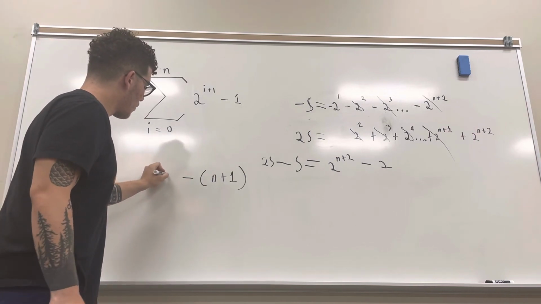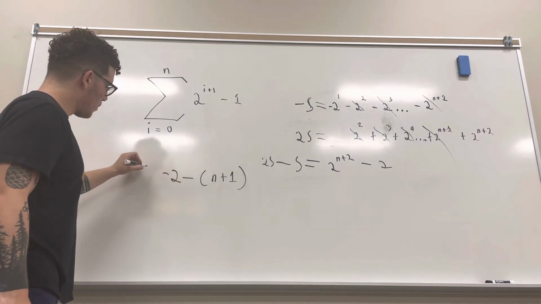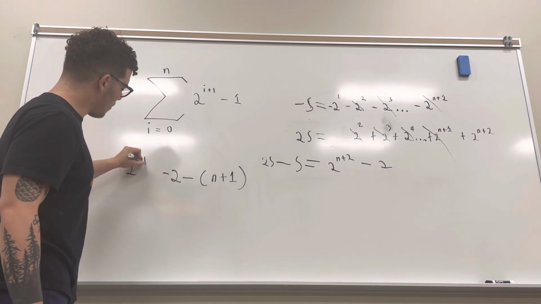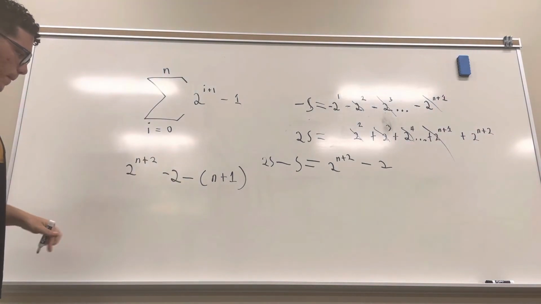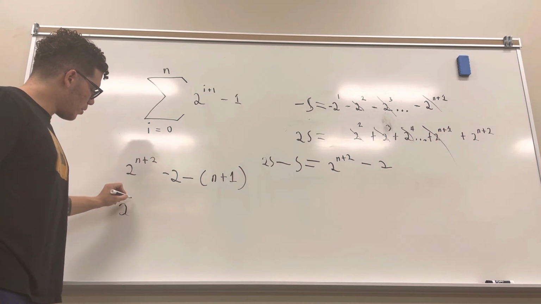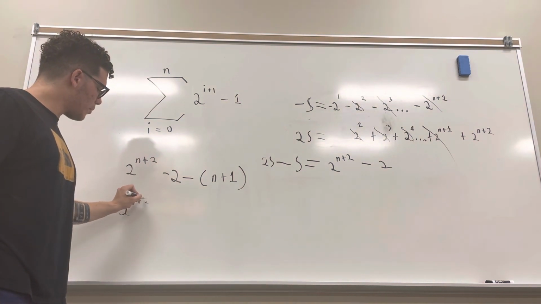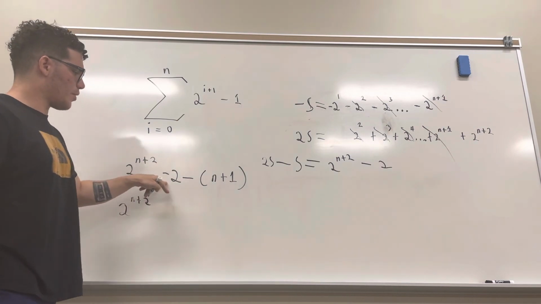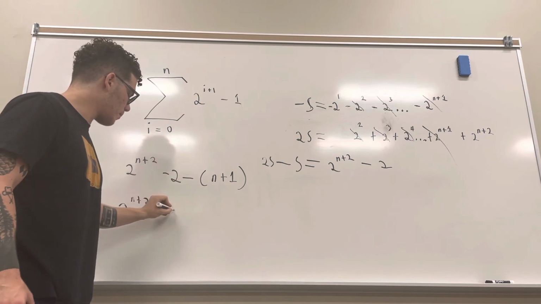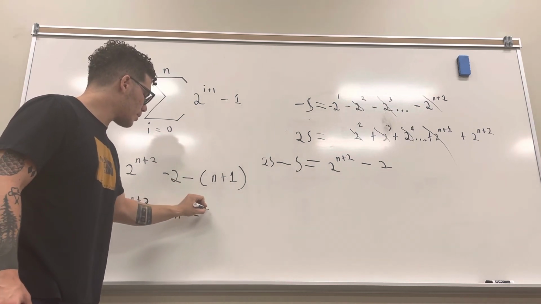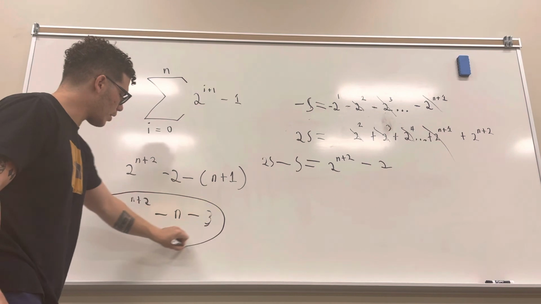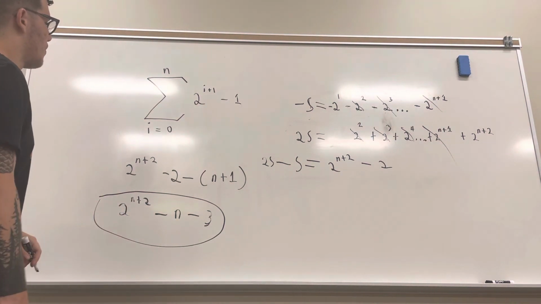So we have minus 2, to the 2 to the n plus 2. And then we simplify. We have 2 to the n plus 2, and then we're going to have minus 2 minus 1, so it's minus 3. So actually we're going to do just this minus n first, and minus 3. And this is the closed form of that first summation we had.